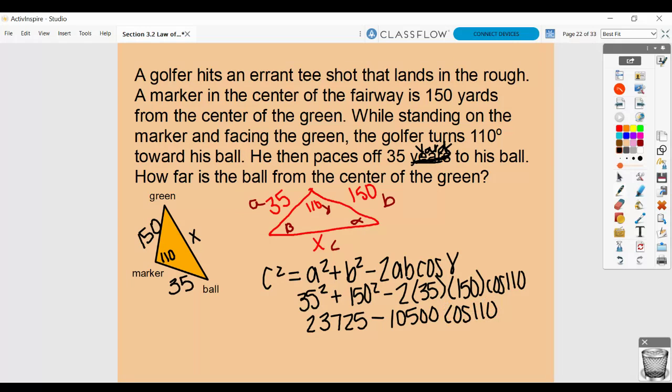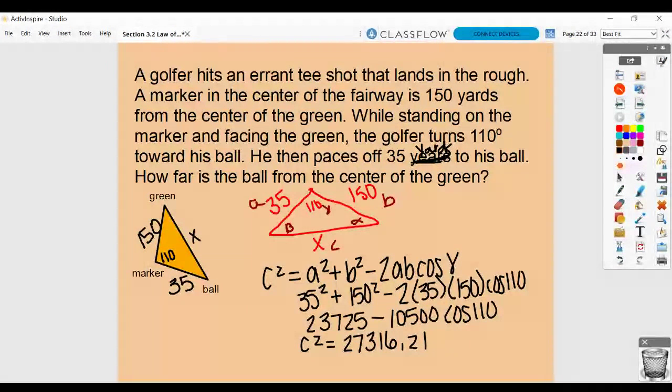Okay, now you can go ahead and put this into your calculator. So 23,725 minus 10,500 cosine of 110, and you end up getting C squared equaling 27,316.21.